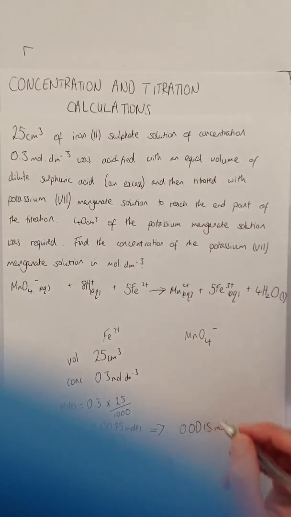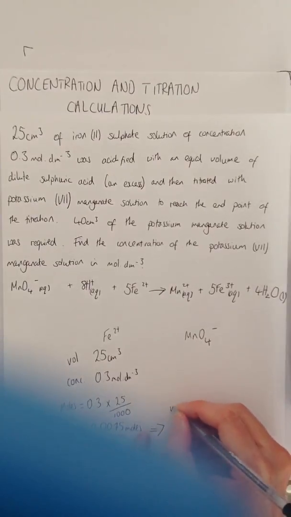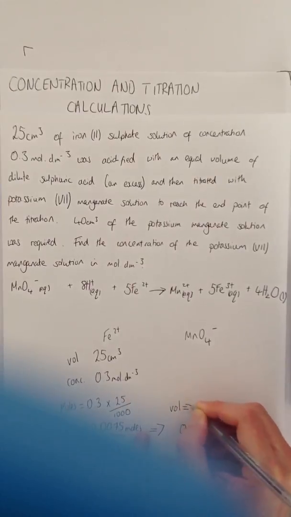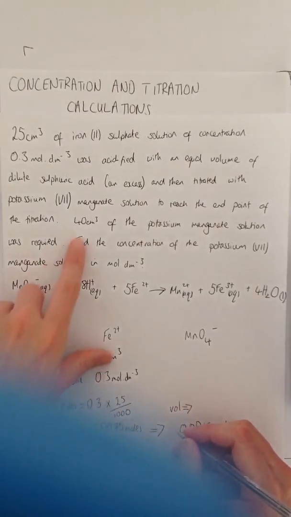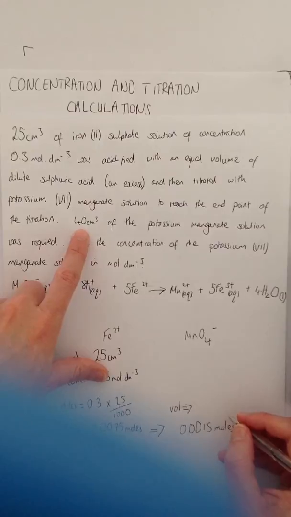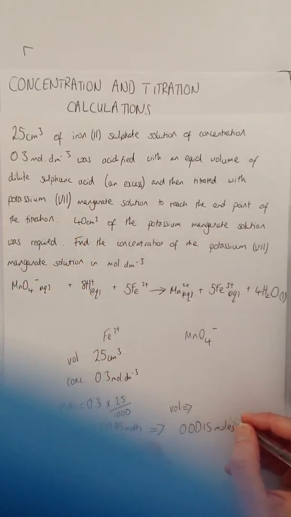We can now use this value along with the volume, which was given in the question of 40 centimetre cubed, in order to calculate the concentration.